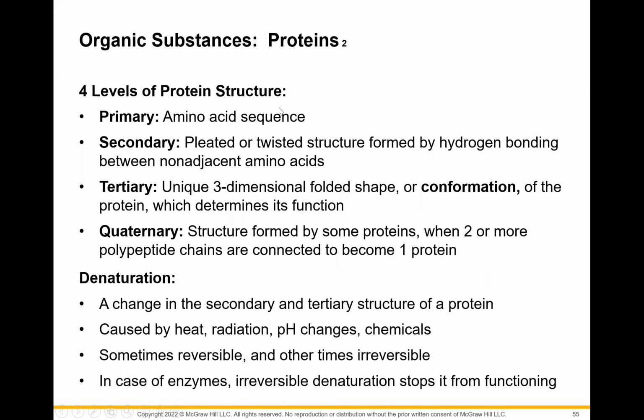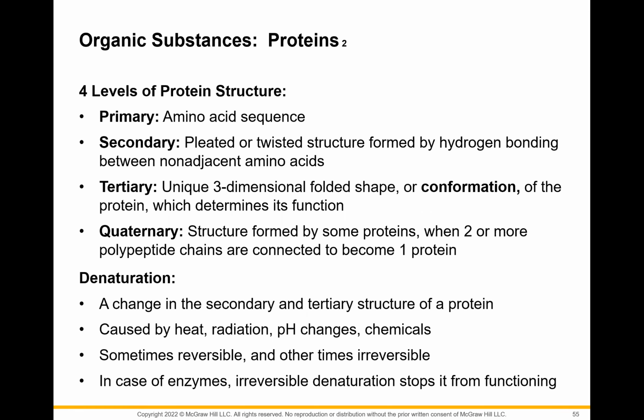Now, when we discuss proteins, there are different levels of protein structure. We will talk about it here and again next week, we'll talk about it in a little bit more detail coming up. So there's 4 levels to this protein structure. The primary level is the amino acid sequence, so how we're putting our amino acids in order.